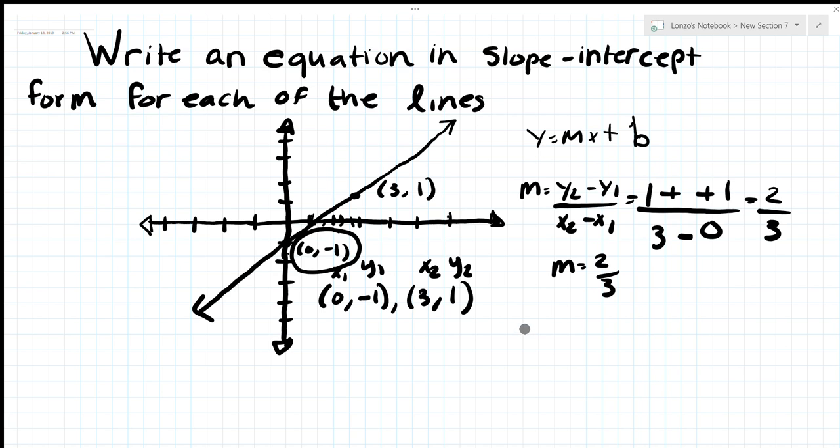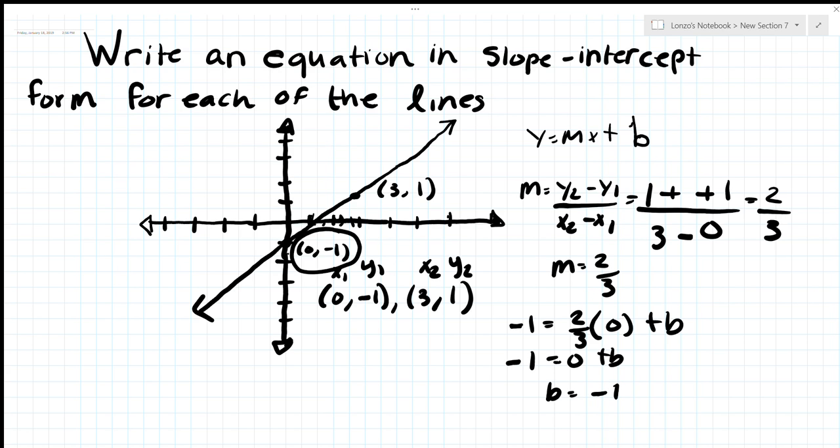So our y is -1 equals, and we know our slope, which is 2/3 m, times x. So what is our x? 0 plus b. This becomes 0 plus b, -1, and so we know our b is just -1.